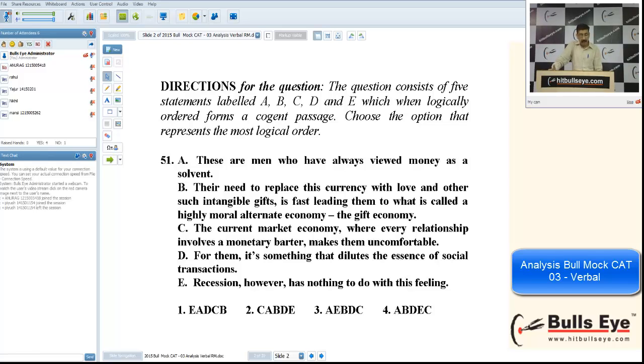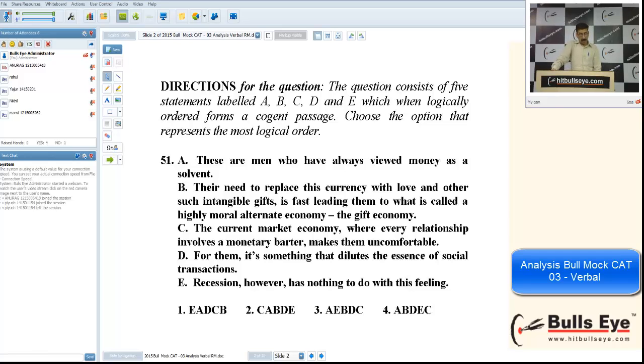For them, what exactly do they think about money? For them it is something that dilutes the essence of social transaction. Solvent means something in which anything can be dissolved. So what they dissolve is the essence of social transaction. Therefore EAD makes a connection.